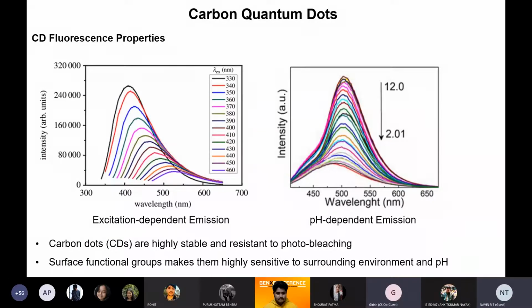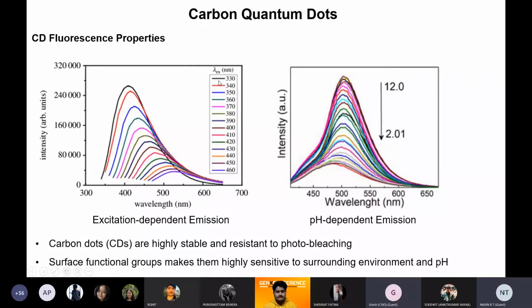Then there are two very unique properties present in carbon dots, which are usually not seen in traditional semiconductor quantum dots like cadmium selenide or zinc selenide quantum dots. The first is excitation dependent emission, where the carbon dot produces a different emission profile when it is excited with a different wavelength.